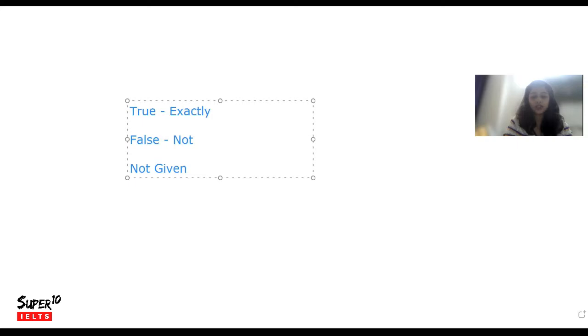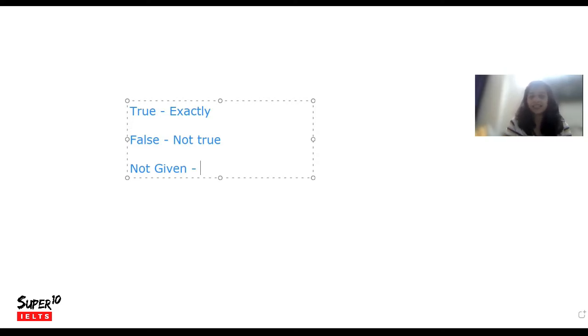So not true, not given, on the other hand, is something that most of the students struggle with because they start looking for the information in the entire passage when they can't find the information. Once you're sure that you have located the information, this is something that you have to figure out, if it is not given or it is given.